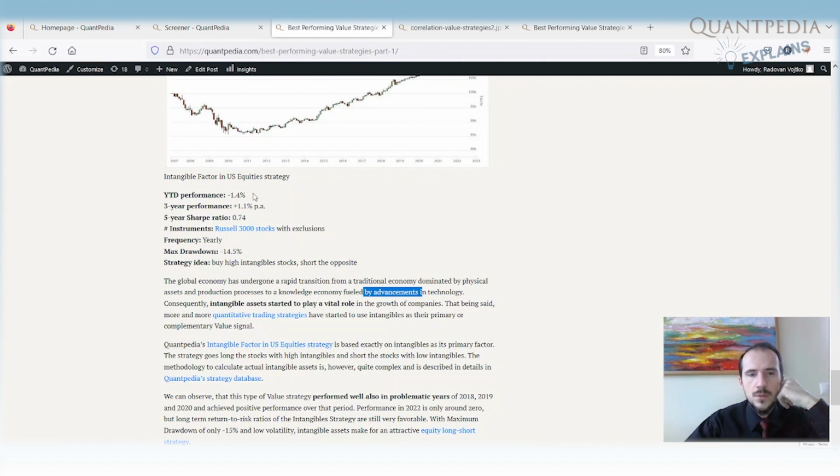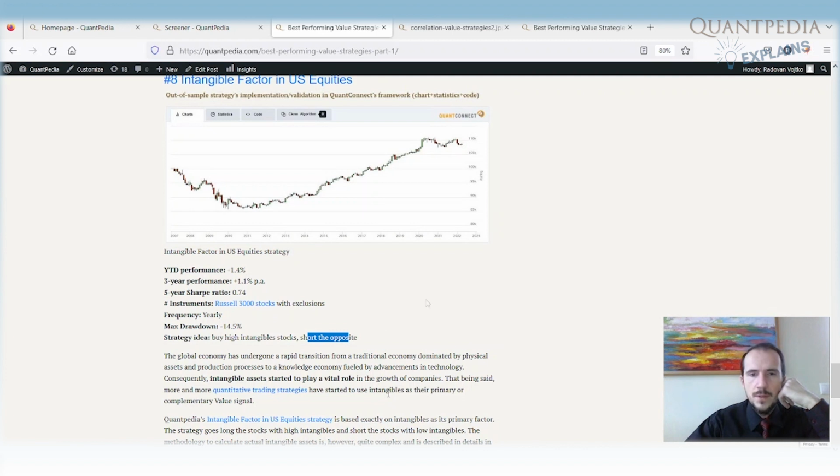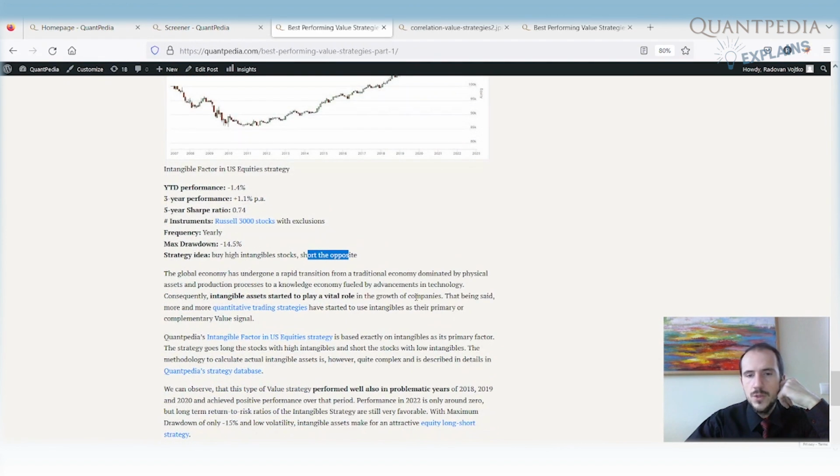So what we can do is buy high intangible stocks and short the opposite. It will give us interesting performance. What is most important is that we will have very interesting performance also during the years 2018, 2019, 2020, which are the years when the traditional value factors were not working very well.